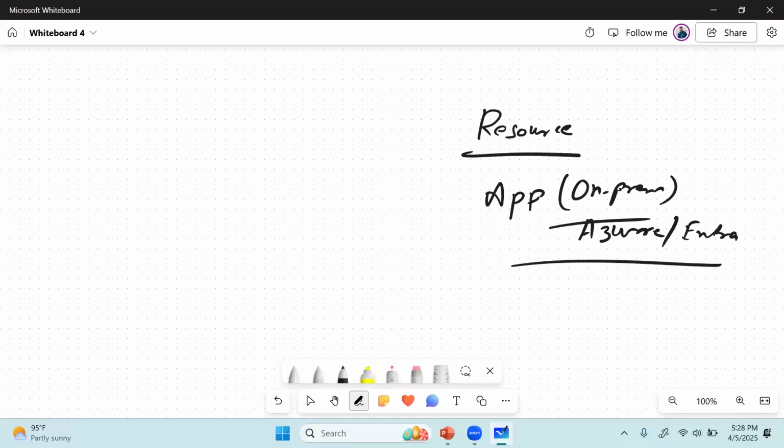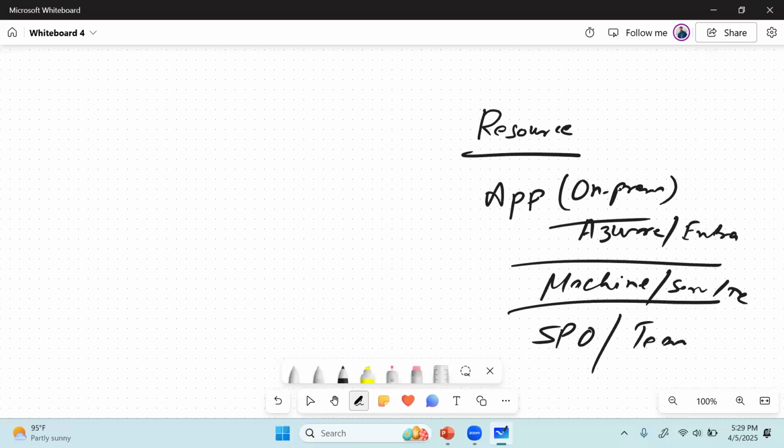It could be a machine like a server or a desktop, a SharePoint site, a Teams channel. Any resource which a user wants to access.